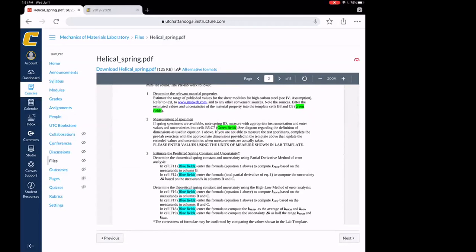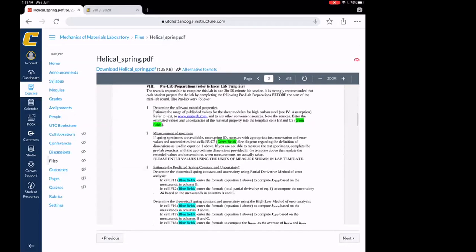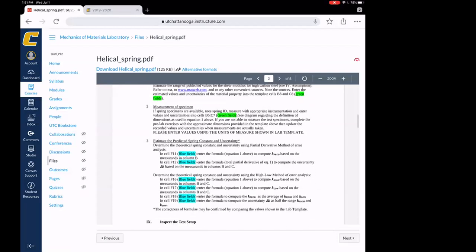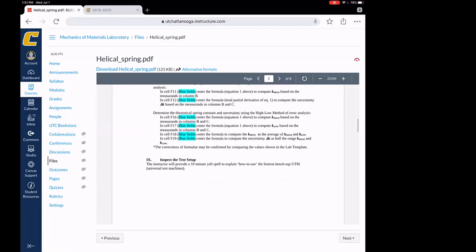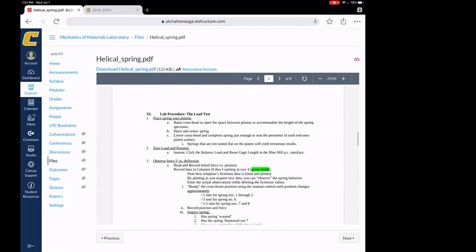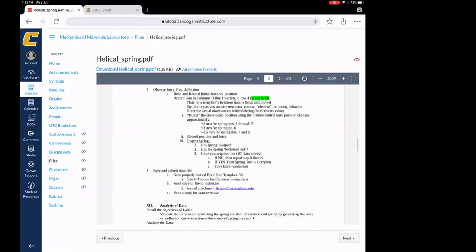Instead of filling out these tables, you just go to the Excel file and you see the tables are already filled. The measurements were done by previous students, and you just quickly read through this and make sure you understand the different parts and how they were obtained by measurement.